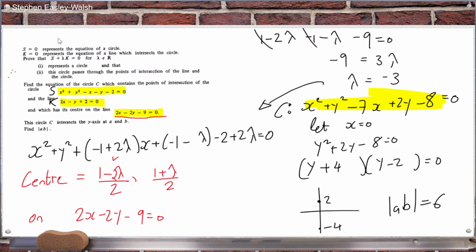Let's just draw it again. A circle S, a line K, and then another circle that passes through these 2 points but has its center on this line. So let's just imagine that the circle is some bigger circle here that passes through these 2 points, and its center is perhaps on this other line here or whatever.